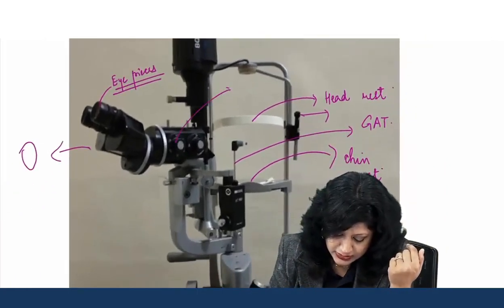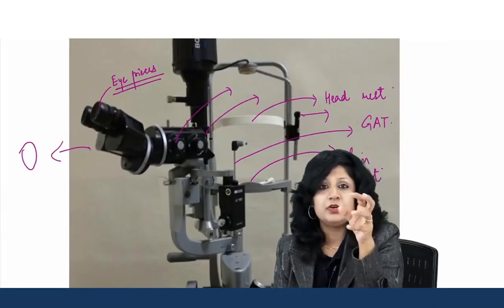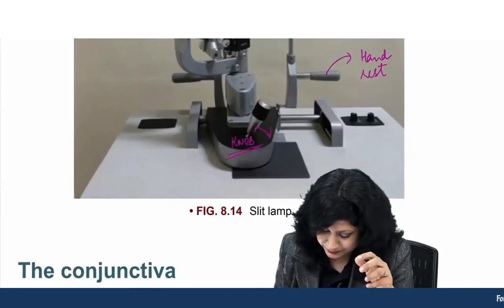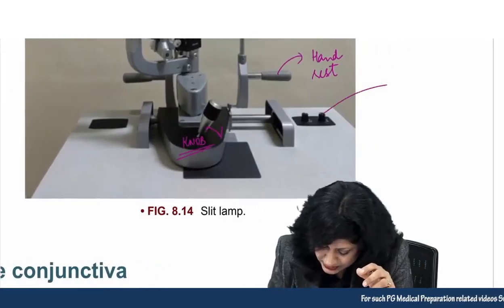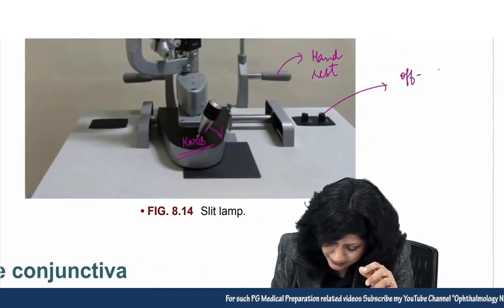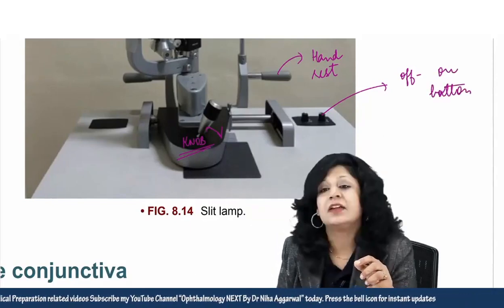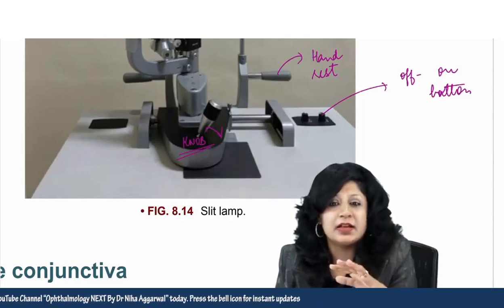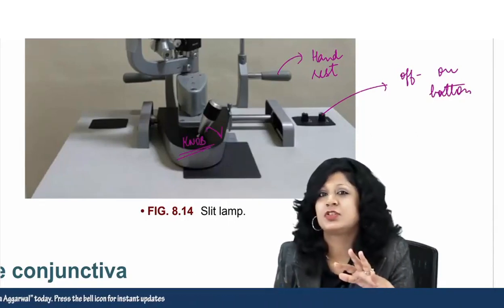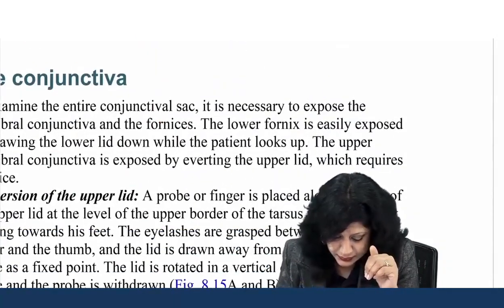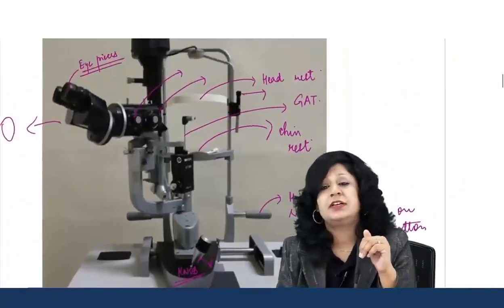We have got these 2 different kinds of knobs where you have to adjust. They have not shown you the lights. This is your on and off button also, and we have got different patterns and different models. So there could be slight variation, but the basic is this one. So I think this was a very good one.